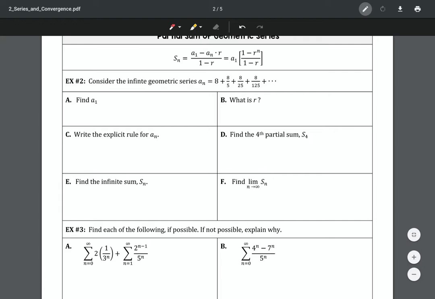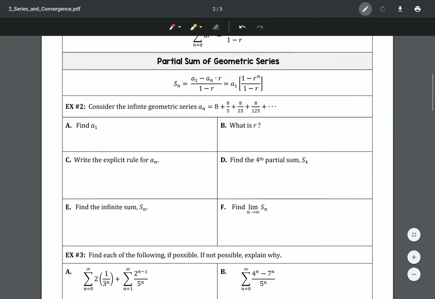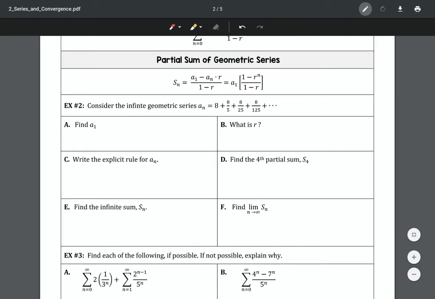It says, consider the infinite geometric series, and you can see that it's 8 plus 8 over 5 plus 8 over 25, and so on. So A of 1, now remember, when they use the letter A in this case, they're talking about the very first term that you have here. So A1 is going to be 8.